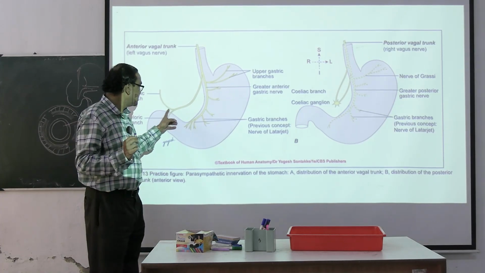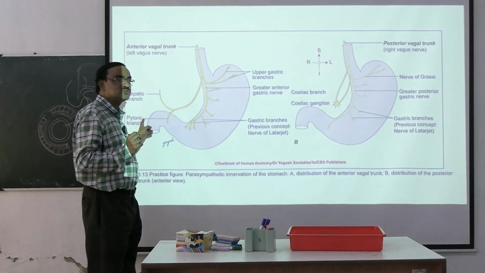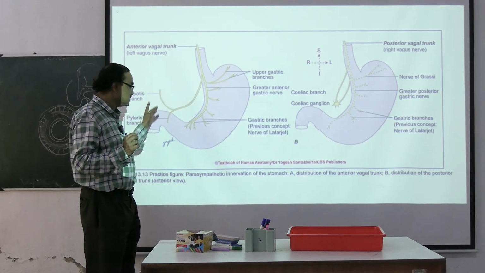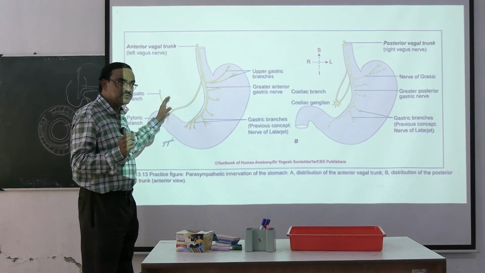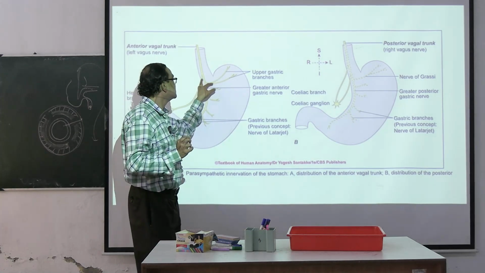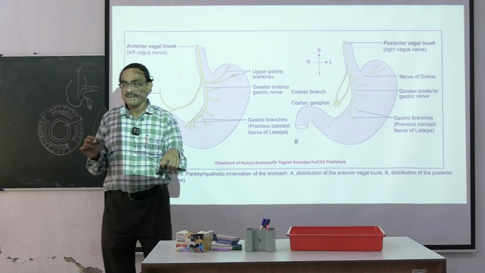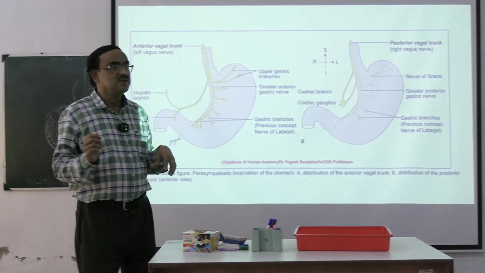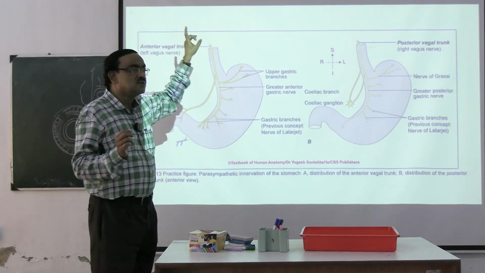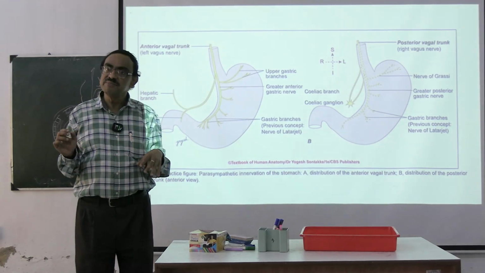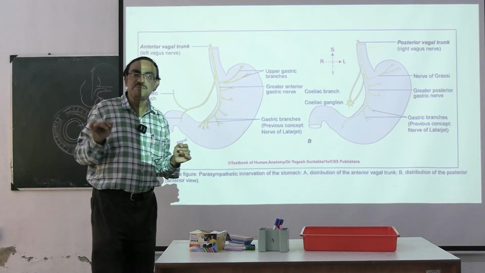So carcinoma, cancer, hardly goes to this side, because it is hard to break the connective tissue septum, whereas the circular muscle of this area is continuous with the circular muscle of the esophagus. So cancer of the stomach can go upwards towards the esophagus.